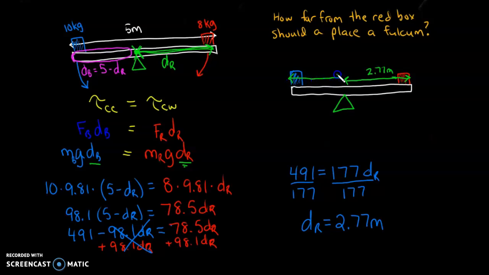And the question doesn't ask it, but just for the sake of it, 5 minus 2.77, that will be 2.23 meters. And that's where I would want to place my fulcrum to balance everything out.